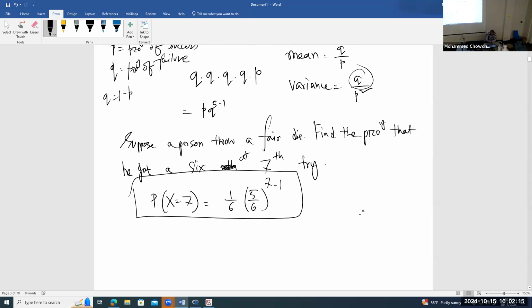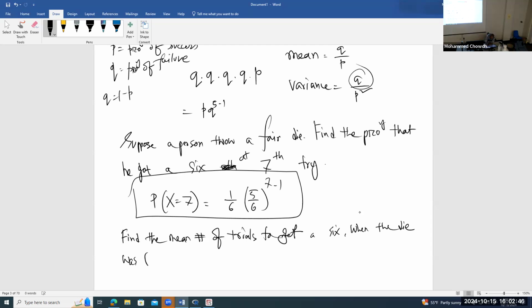Now find the mean number of trials to get a 6 when the die is tossed.